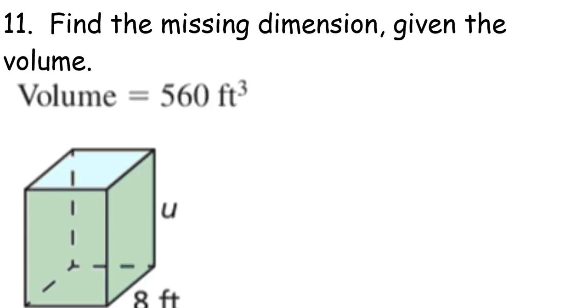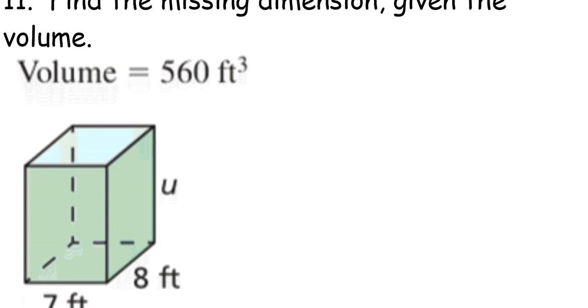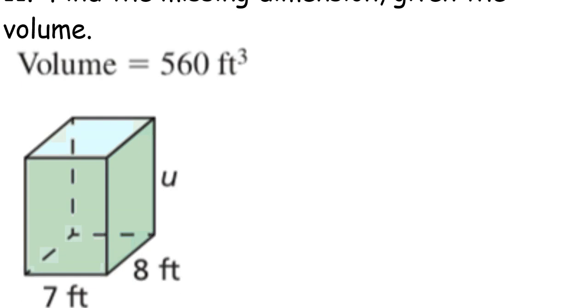So you're going to flip to the back side. We're looking at the volume of, again, a rectangular box, but we have a missing dimension in this volume. We have the length and the width, but not the height. So we're going to go back to that volume formula that we've already worked with. Length times width times height. I'm going to plug in the volume value of 560.